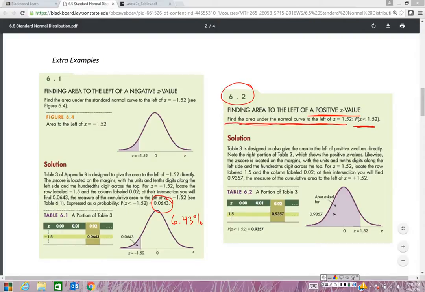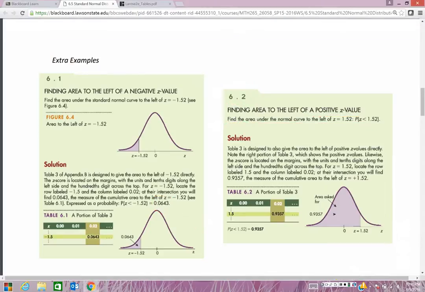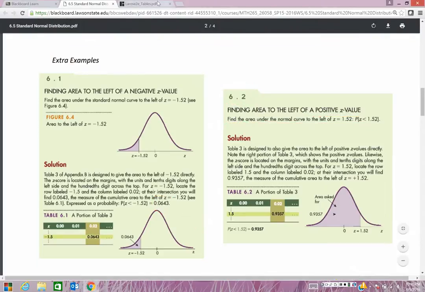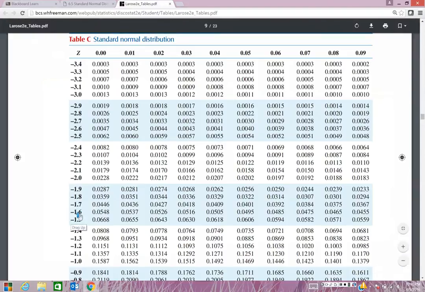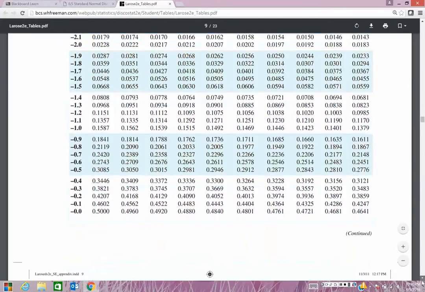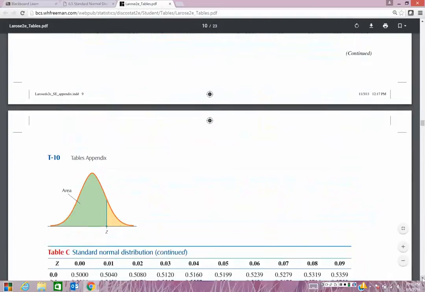Alright, let's go to our table and decide which side we should be looking at, right? Because we know that one side is negative and one side is positive. So right now I'm on the negative z side, and so we need to scroll down until we get to the positive z side. And what do we need to look for? On the left, we need to look for 1.5.